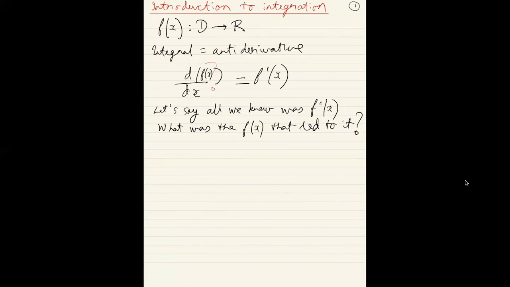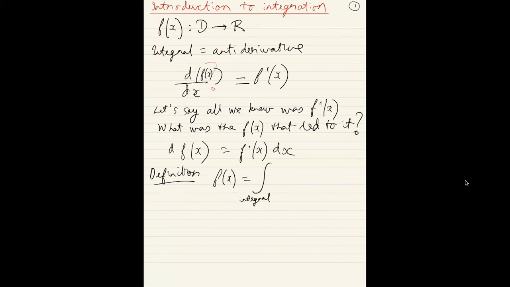This is the question we are trying to answer through integration. That's one way of looking at it. That's not the only way of looking at it. So what does it mean? In other words, you could have written this equation as df of x is equal to f prime of x dx. Now, if you want to calculate f of x, here comes the definition of integral. It is given as f of x is equal to integral, and this is the integral symbol.